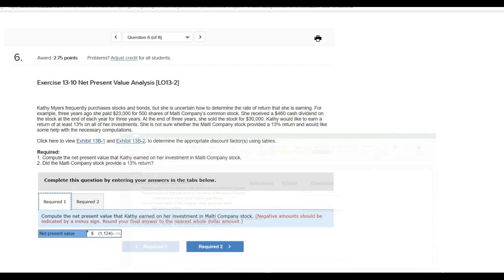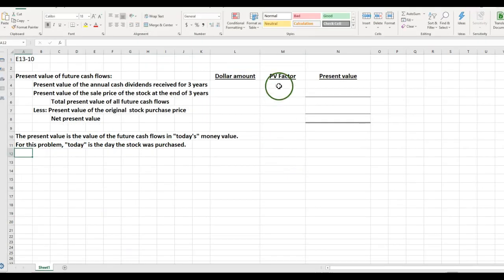So going back to the problem, she received $460 a year in cash dividends for each year, and she received $30,000 when she sold the stock. So let's plug those numbers in. Dollar amount, $460, and then she sold the stock for $30,000 at the end of 3 years.